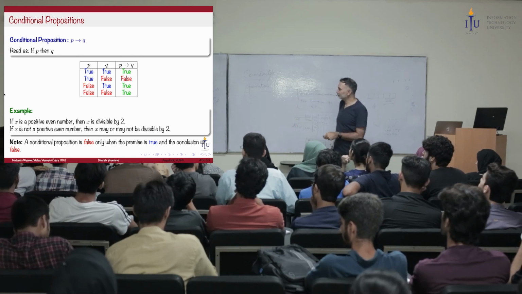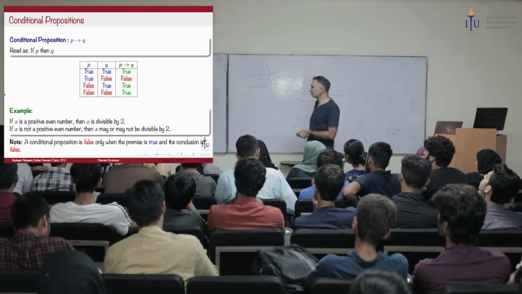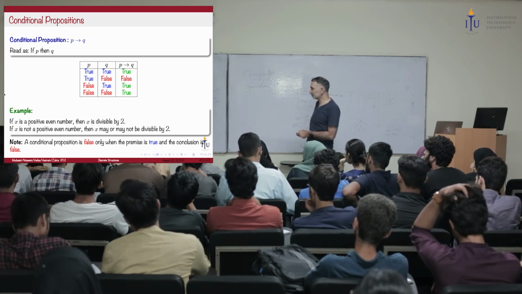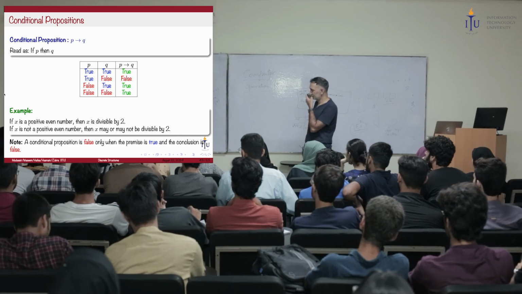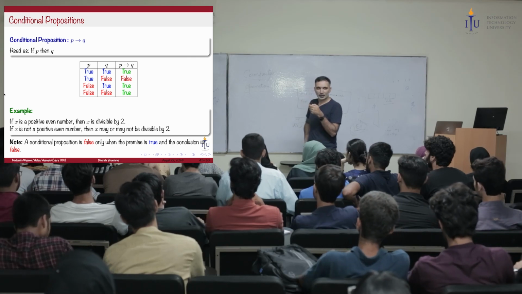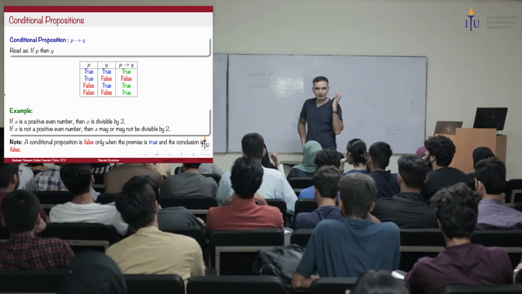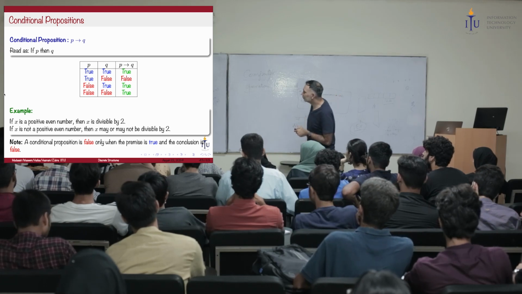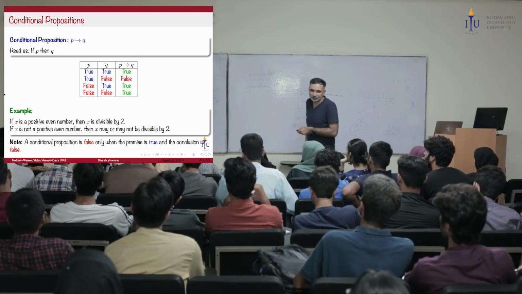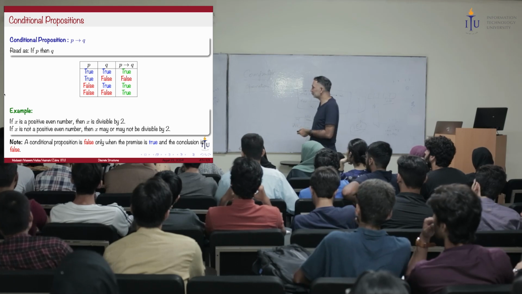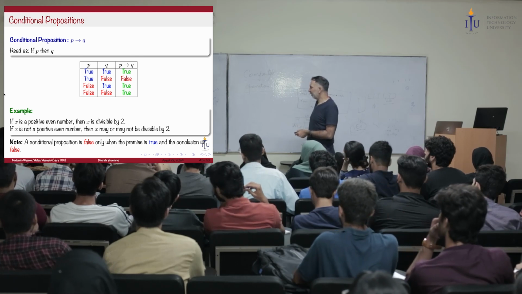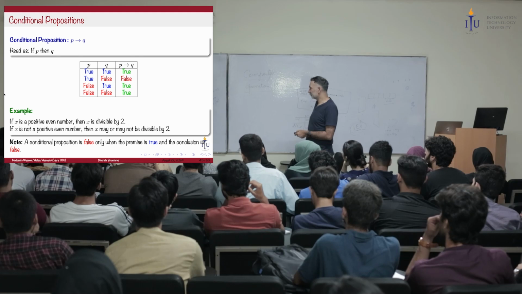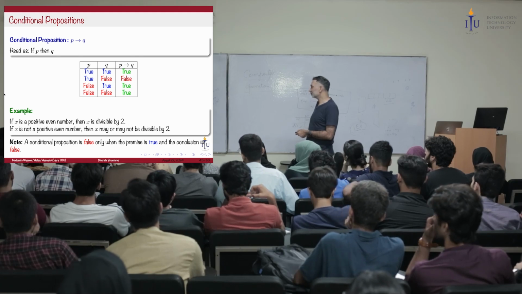All right. As an example, if x is a positive even integer, then x is divisible by 2. Is it a true statement? Yeah, so that's the definition of even numbers, right? It's true. If x is not a positive even integer, then x may or may not be divisible by 2.